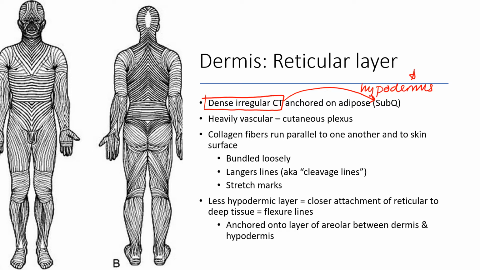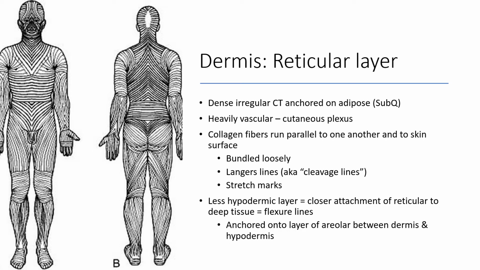Remember, this is not part of the integument, and it's also known as sub-Q, or with the letter Q here, short for subcutaneous fat, fat that's under the skin. They're all interchangeable terms. The hypodermis is the preferred term for that layer as a whole. Recall that the hypodermis is made up of primarily white adipose connective tissue.